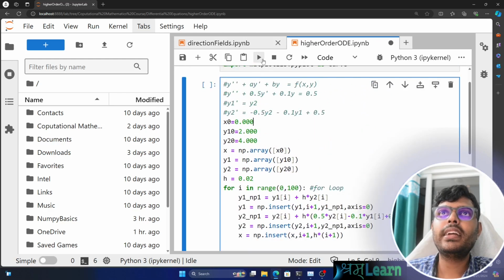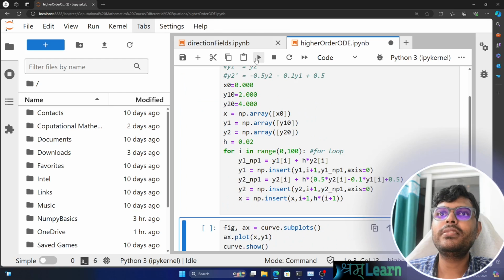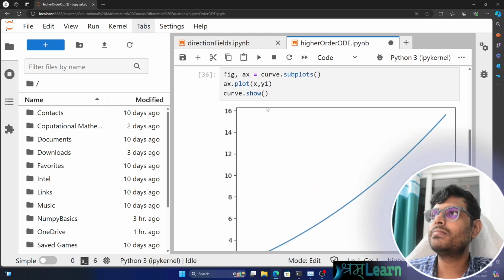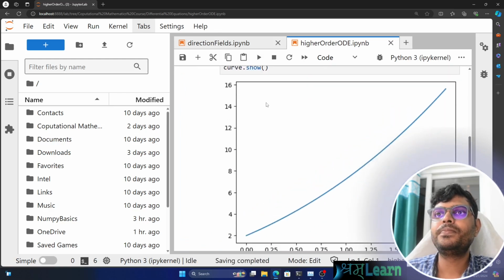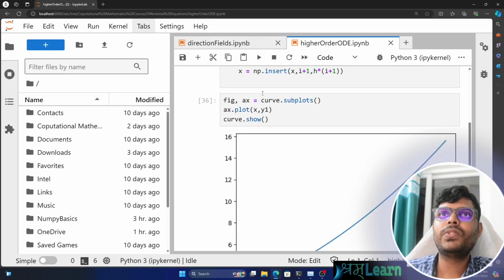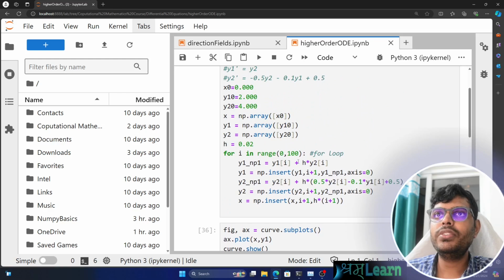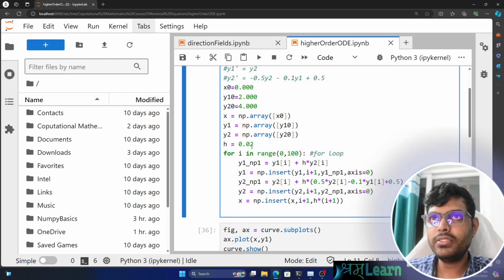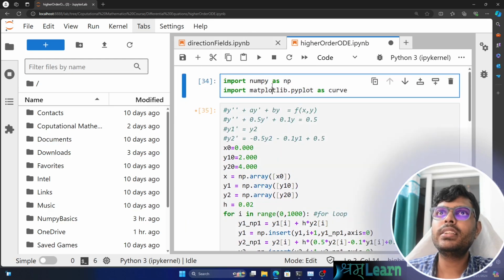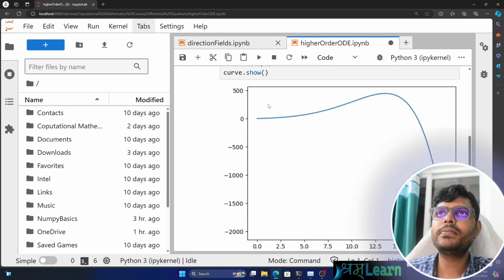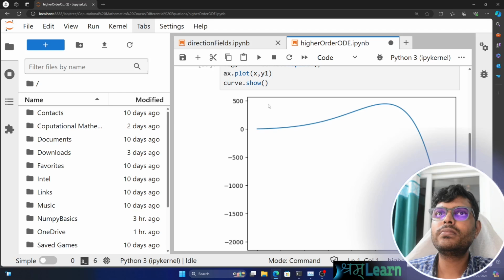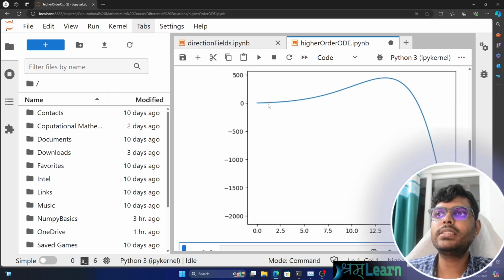Okay, let's try. Can we get the result? Fine. So we want to explore the nature of it. Can we compute 200 points and see what happens? Nice.